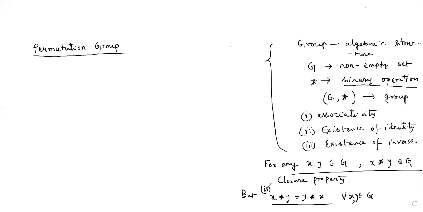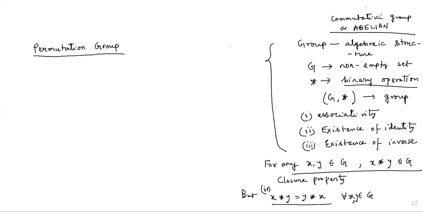Then if the properties 1 up to 4 are satisfied, such type of group is called commutative group, or abelian group. All these things were discussed earlier in one of my classes. I am just recapitulating the thing once again.